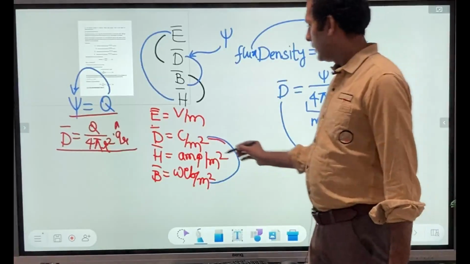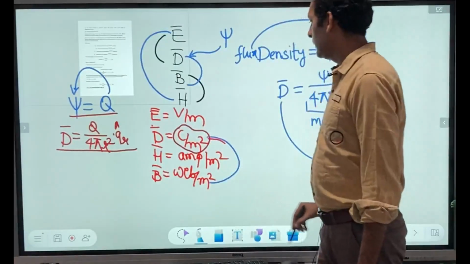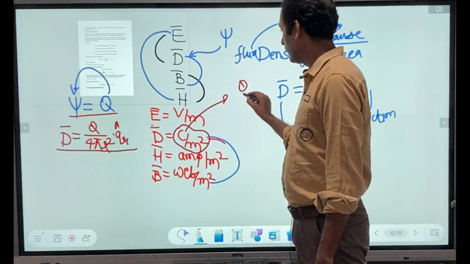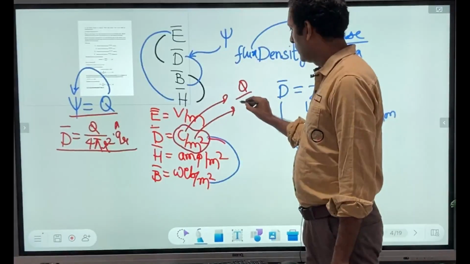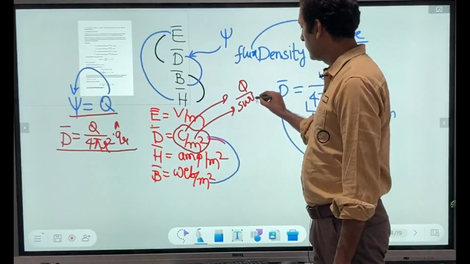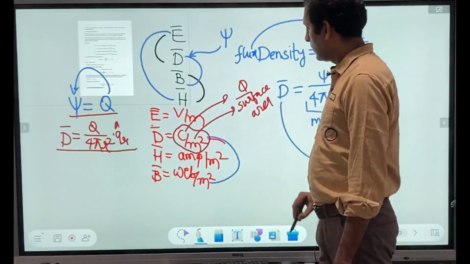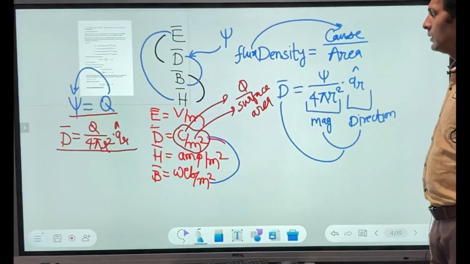Now this unit can be justified, where coulomb is unit of a charge, and meter square is some surface area. So like this we get the unit of D as coulombs per meter square.